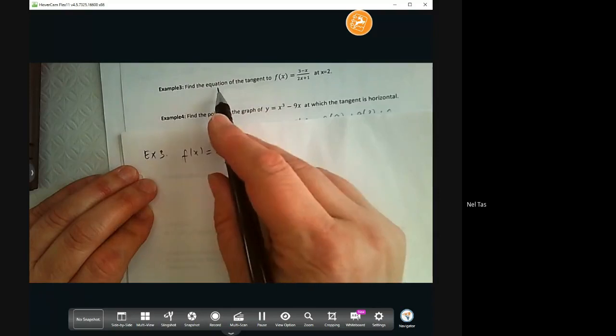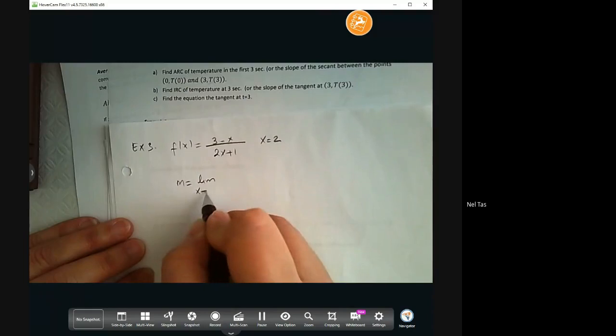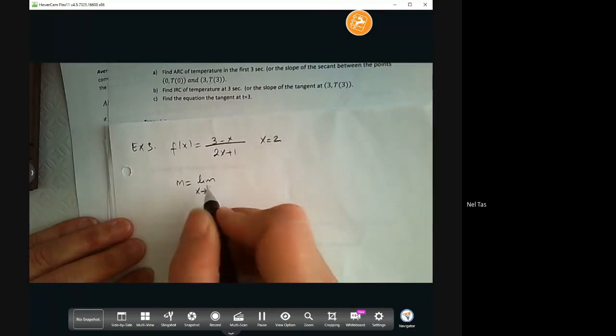So we want to write the equation of the tangent at x equals 2. Again, to write the equation of the tangent, we need the slope. And slope, or instantaneous rate of change, is the limit as h approaches 0 of f of 2 plus h minus f of 2 over h.